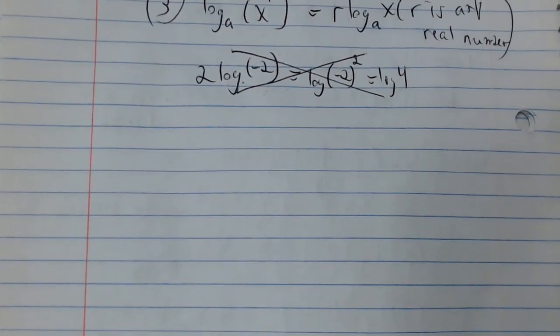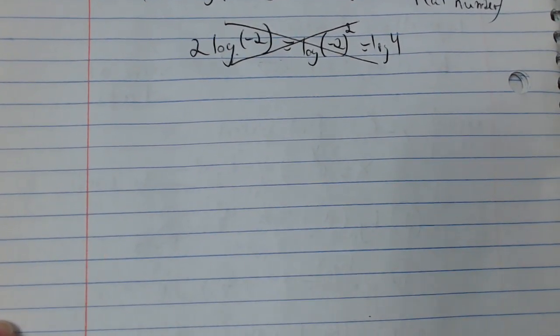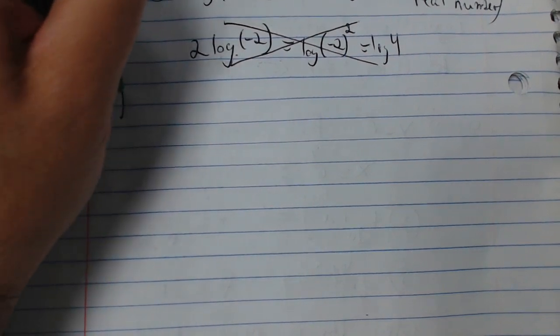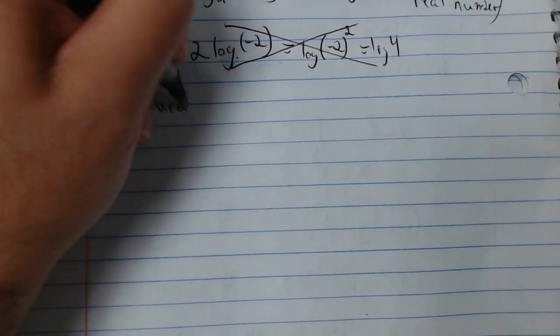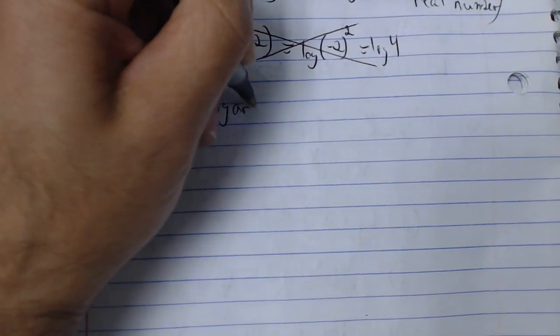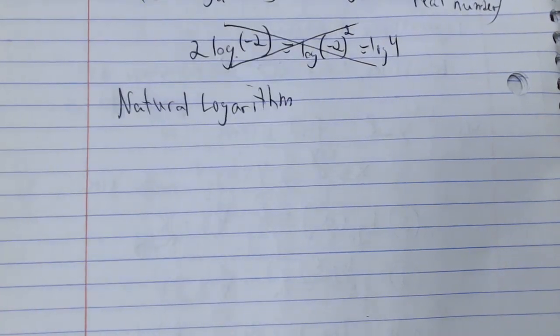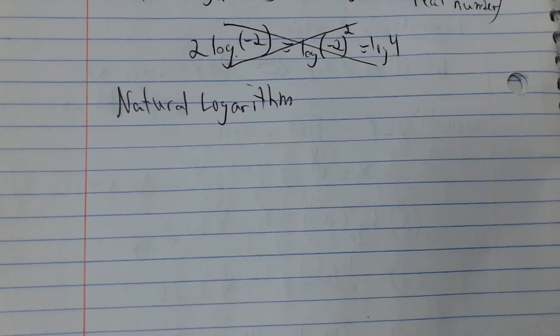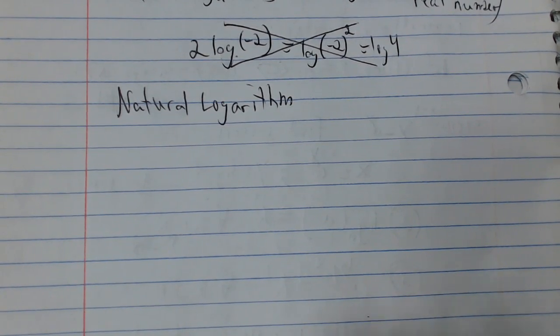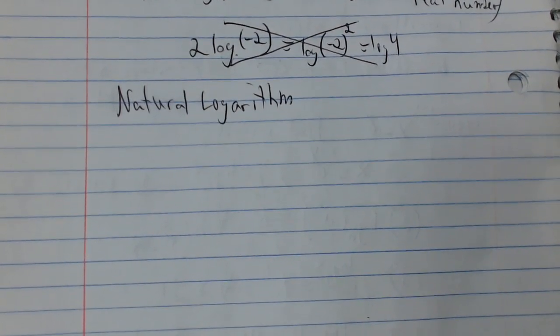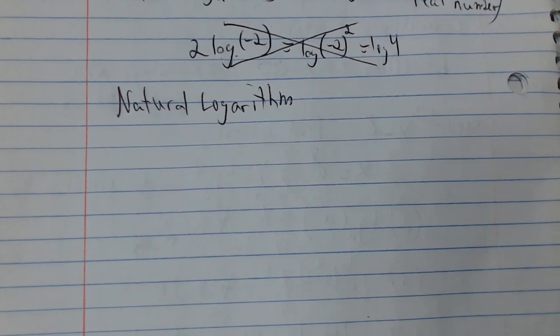Okay, now before we move on to our next example, I also want to talk about the natural logarithm. And you'll notice that I'm kind of a sucker for the number e. I love the number e. So whenever I work with logs, more often than not, I work with the natural log.